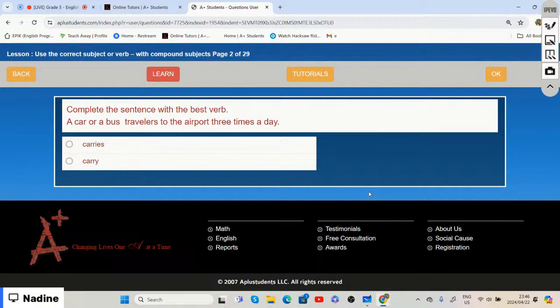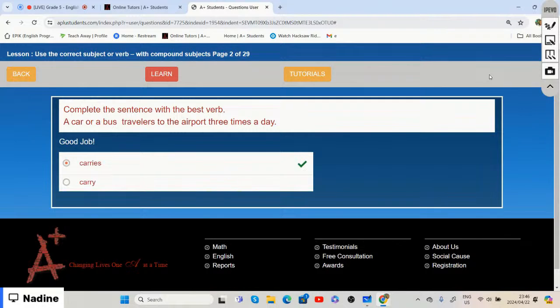All right. And if we choose the correct one, we can say carries travelers to the airport 3 times a day.